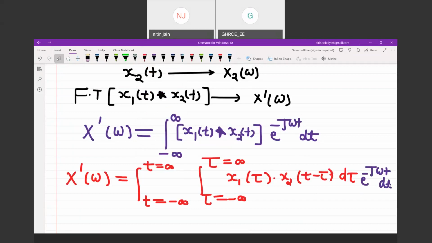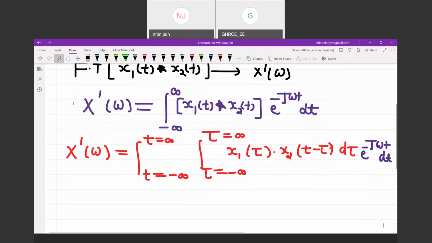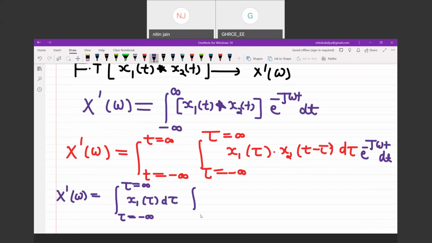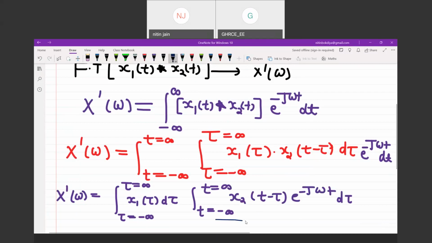We can say X'(omega) equals the integral over tau from minus infinity to infinity of x1(tau) d tau, and over t from minus infinity to infinity of x2(t minus tau) into e to the power minus j omega t, dt. I have a replacement for this whole integral.